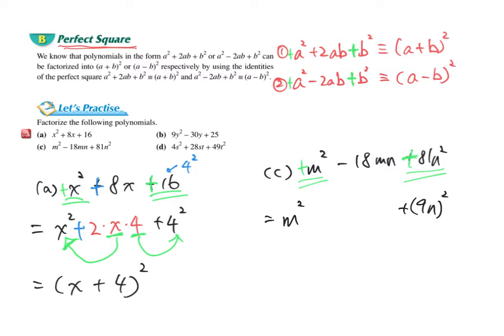In the middle it is a minus, and then it must be 2 times something. We can make it 2 times m times 9n, because 9 times 2 is 18, right? The m matches the first term, 9n matches the last term. So it is m minus 9n squared. The minus comes from the middle minus.